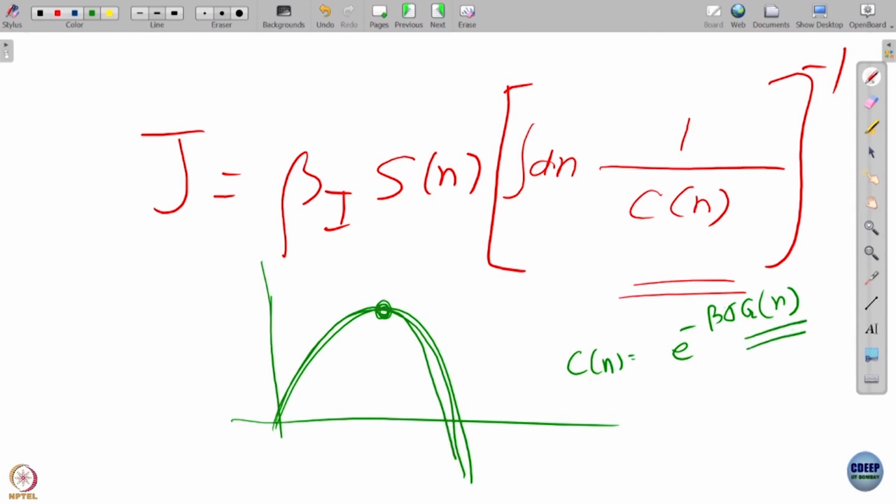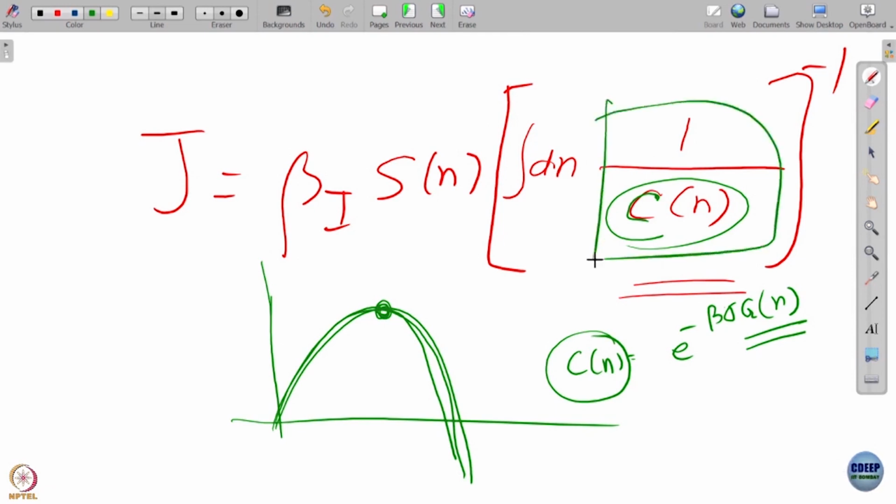If delta Gn is maximum, it means Cn is minimum. So in this integration Cn is minimum here, so 1 over Cn is maximum here.